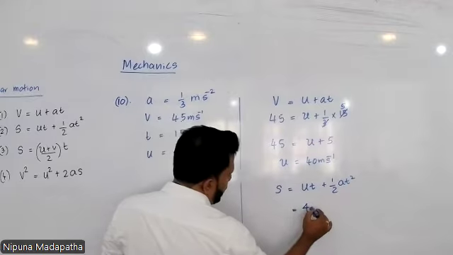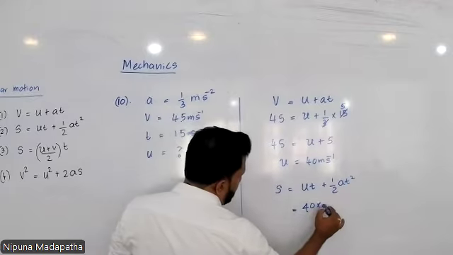Initial velocity is 40, time is 15, plus half, acceleration is 1/3, time 15 squared. 40 times 15 is 600. 1/3 times 225 is 75, 75 divided by 2 is 37.5. So the answer is 637.5 meters.